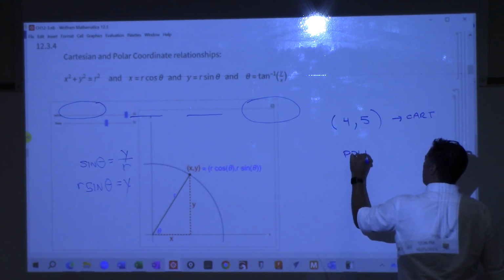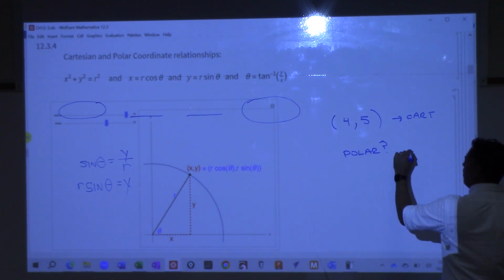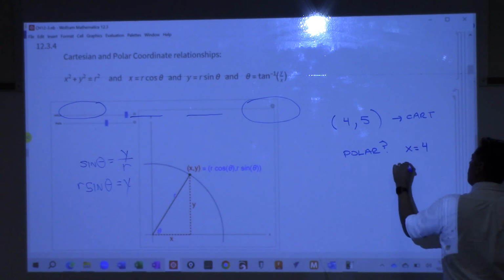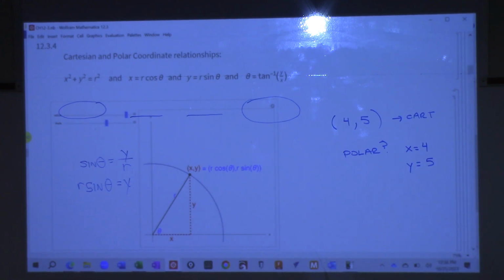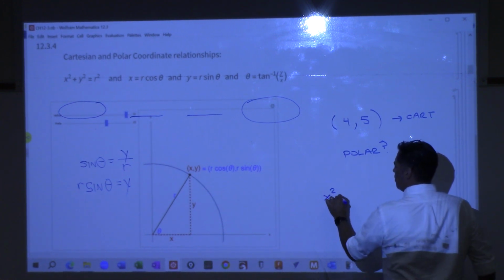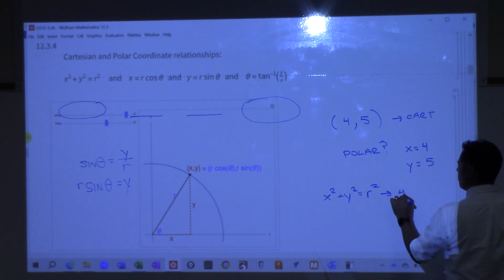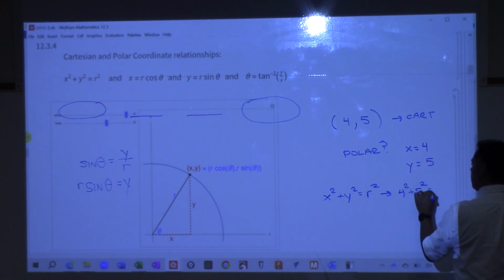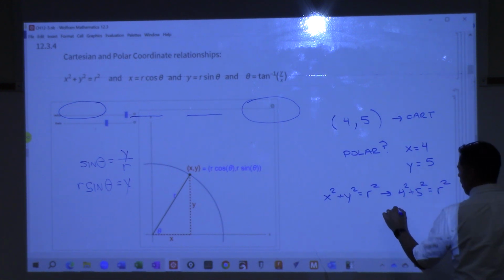What's that point in polar? Well, I use my relationships. I know x is 4, and I know y is 5. So I can figure out first from the Pythagorean theorem that x squared plus y squared must be r squared, which means that 4 squared plus 5 squared must equal r squared. So root what?